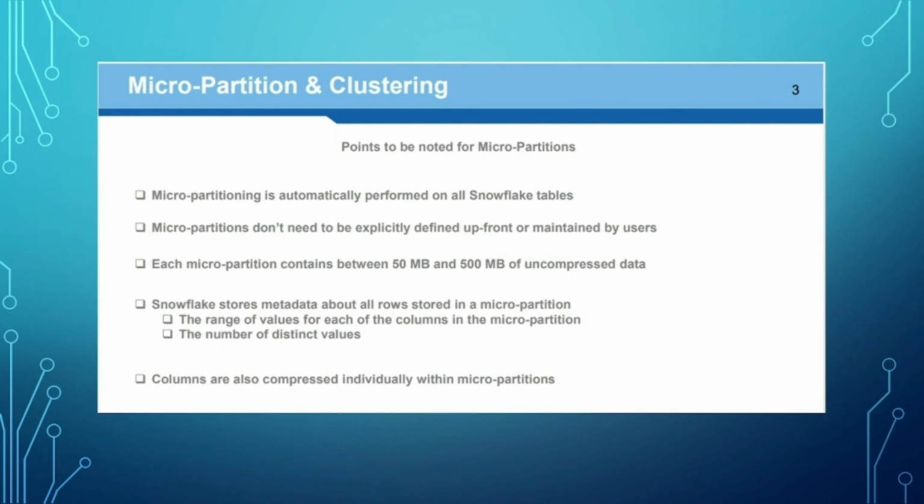Snowflake stores metadata about all the rows stored in a micro-partition, the range of values of each column in the micro-partition, and also the number of distinct values. The columns are also compressed individually within micro-partitions. These are some of the key points we need to note for micro-partitions, which can be asked in interviews and also in the Snowflake certifications.